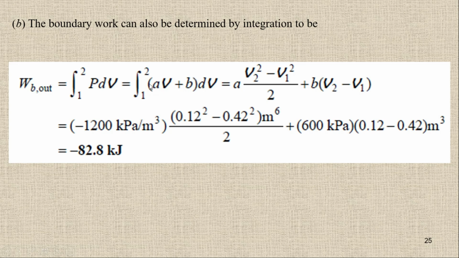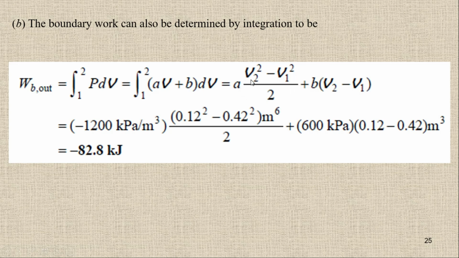When I integrate this, I'll get A V square upon 2 plus BV. Then applying the limits, I'll get A times V2 square minus V1 square upon 2 plus B times V2 minus V1.